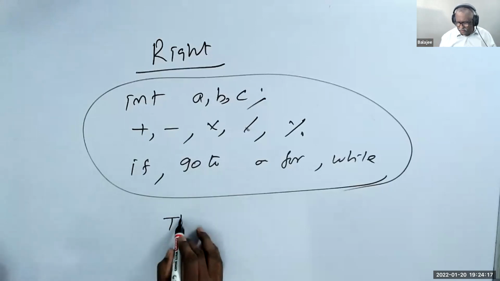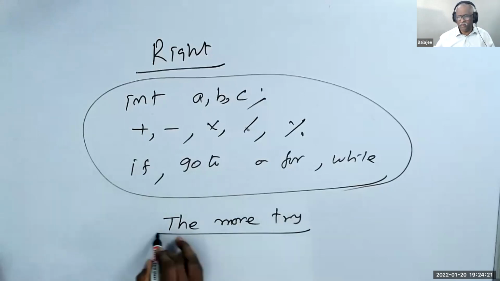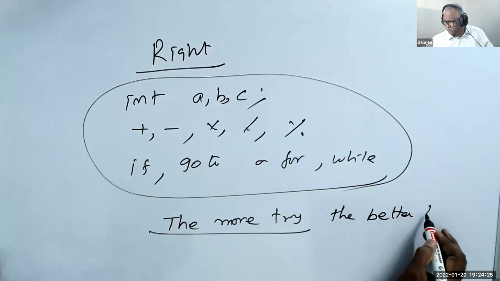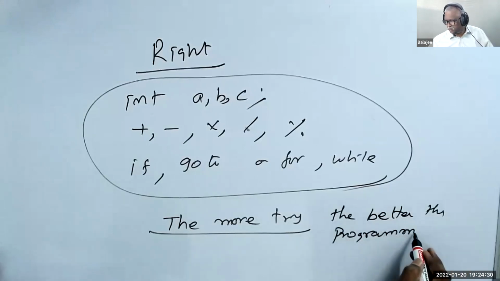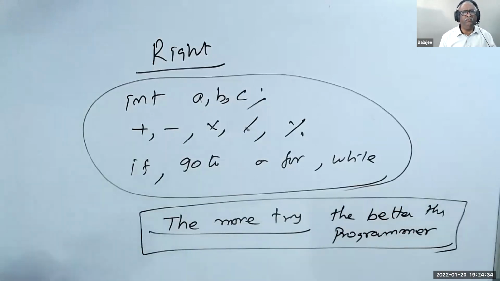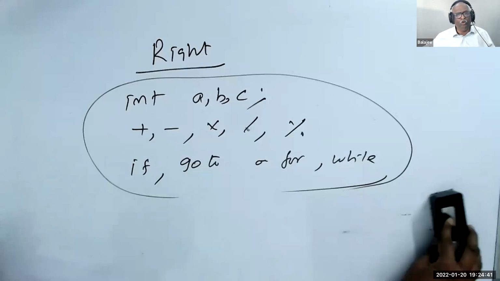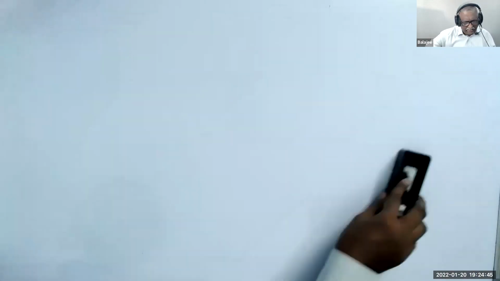The more you try, the better the programmer. Please understand. The more you try, the better the programmer. If you start thinking too much, if you don't do it, then it's wrong. It's better do it. Write some code and see the result. There's nothing wrong. Don't try to be always perfect.